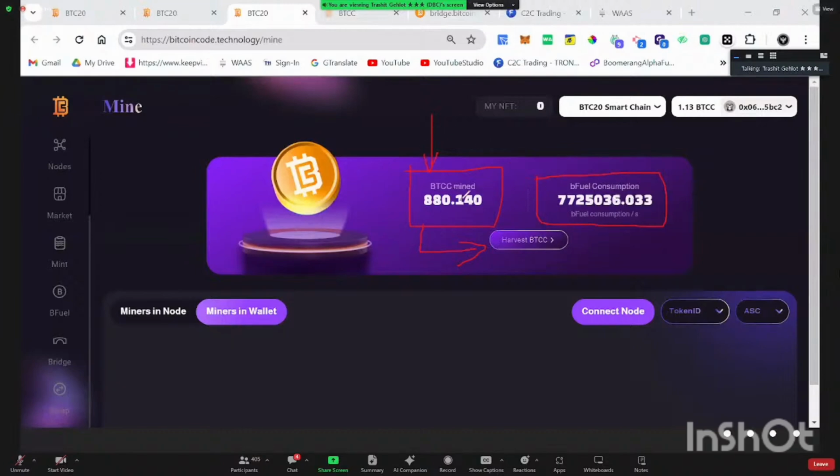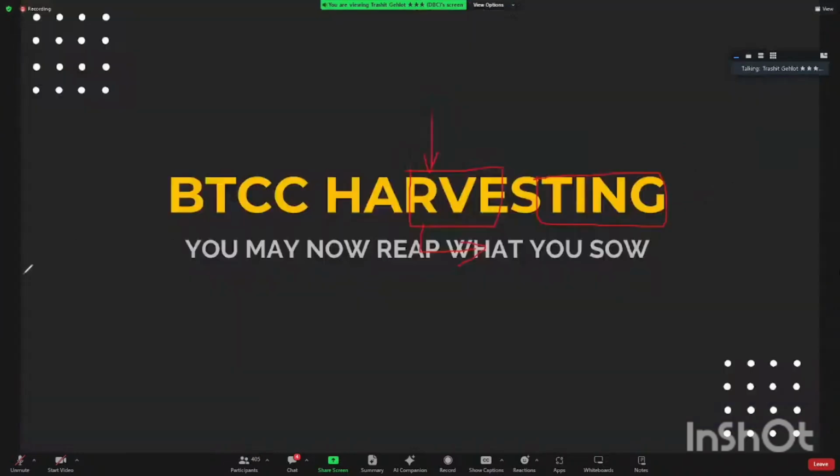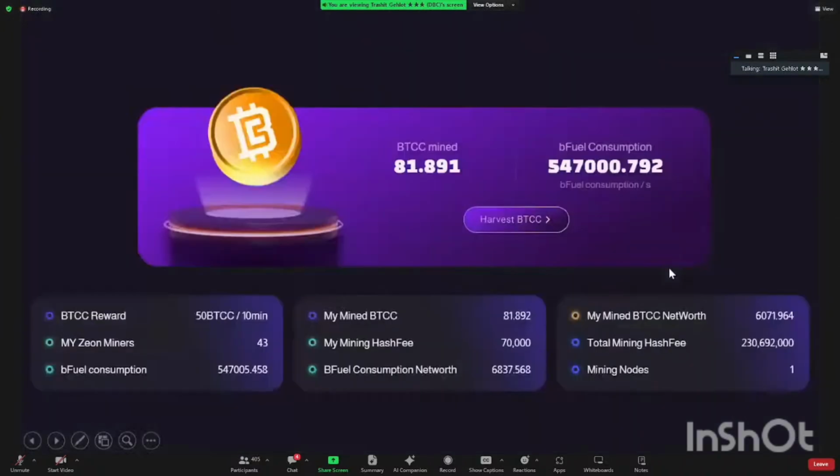Right. So the figures you are seeing over here, this is the mined BTCC, that means the BTCC which you have claimed from the daily supply, and this is your B fuel consumption rate, depending on the number of NFTs you are having. All right.